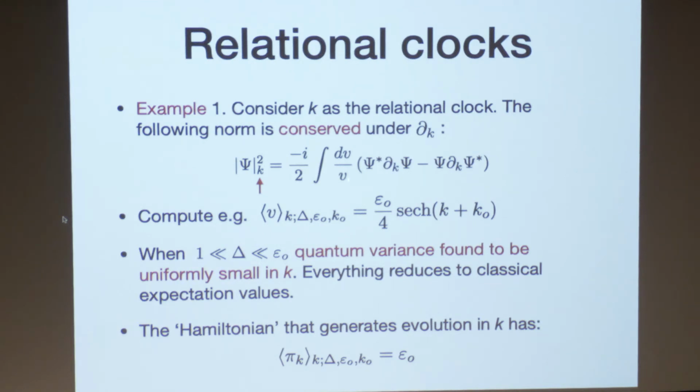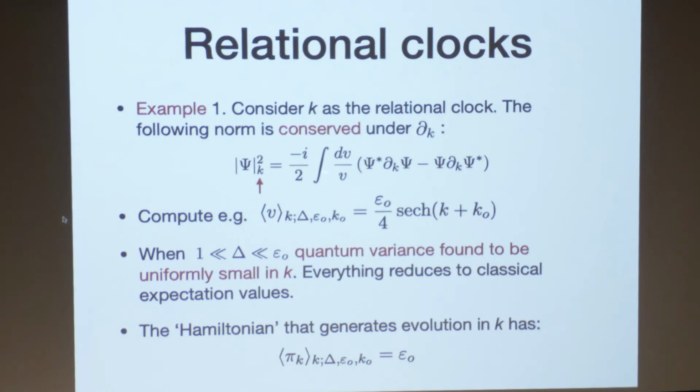You can write down the following norm, which is now an integral over V. This is the norm of the state, where I'm treating K as the clock, so it's known, it's a number, and I integrate psi over V.